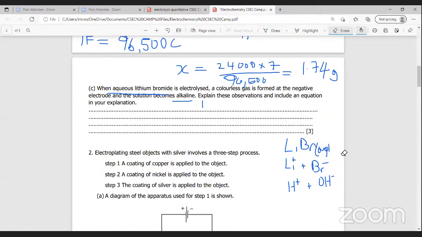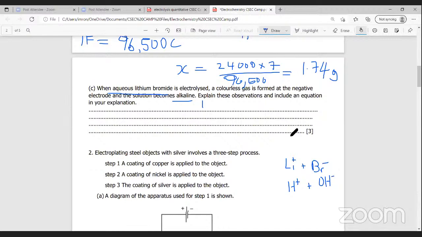So now we have two cations going to the cathode and two anions going to the anode. We have to be able to choose what is going to be discharged at the cathode and what's going to be discharged at the anode. Hydrogen or lithium?